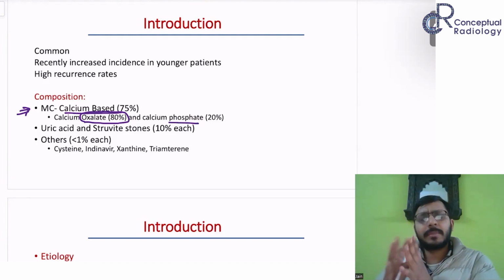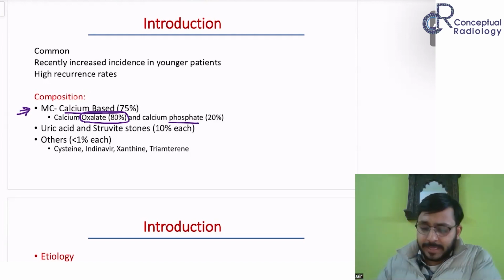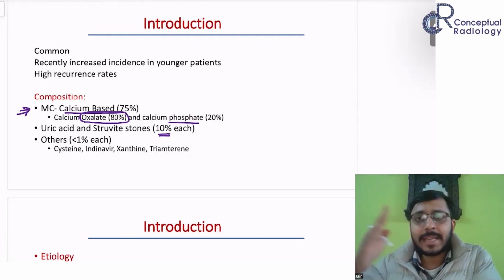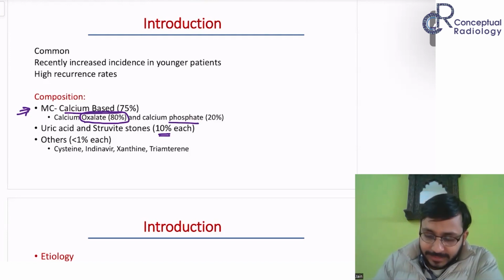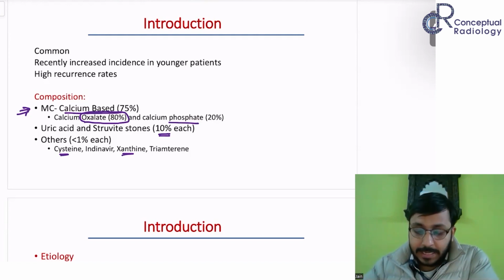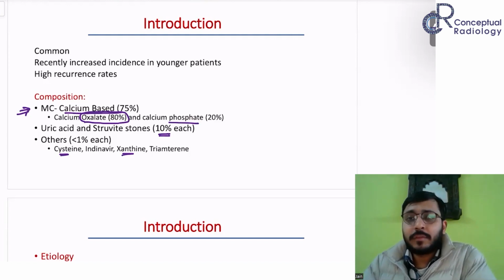The percentage varies from paper to paper, but on an average, we can consider a 10% incidence of both uric acid and struvite stones. The other kinds of stones, like cystine stones, xanthine stones, and medication-induced stones like triamterene and indinavir stones, constitute less than 1% of the stones.